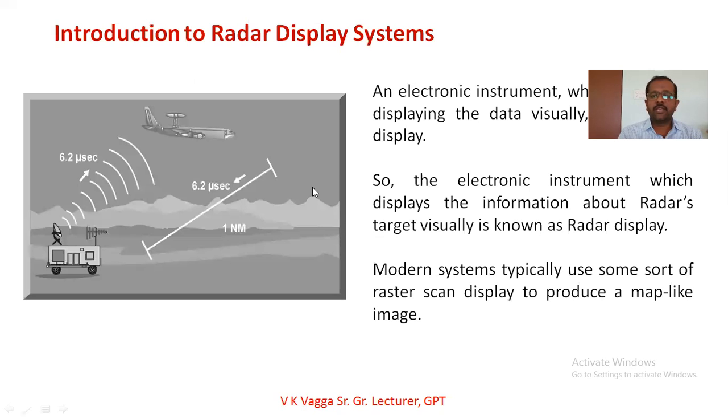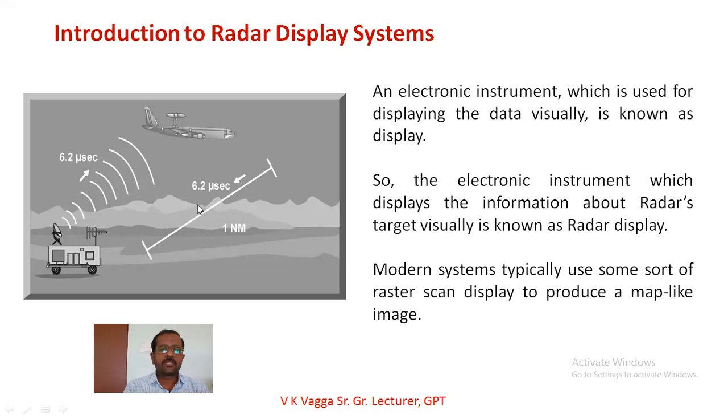Okay, so if you take the radar display, you can see the radar here. It is fitted with the antenna, and you can see the target here, so that it can measure the range. All the parameters are displayed on the display, either in terms of the waveform signal or in terms of numbers.